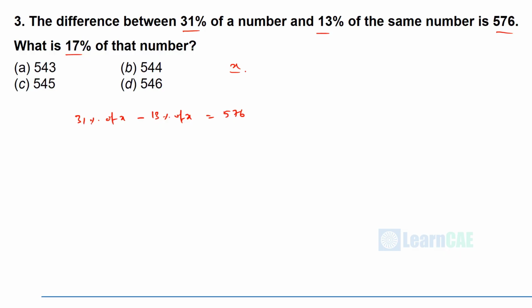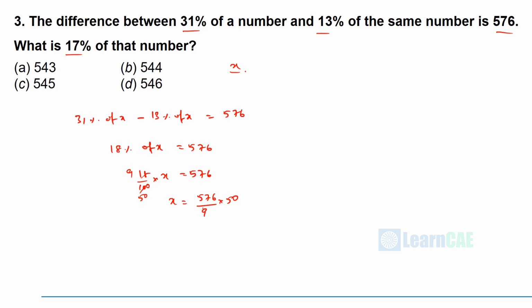So it means 31% minus 13%. This is equal to 18% of X is equal to 576. 18% is 18 by 100 into X is equal to 576. We shall divide this. This will be 9. This will be 50 when we divide by 2. Therefore, X is equal to 576 divided by 9 into 50.